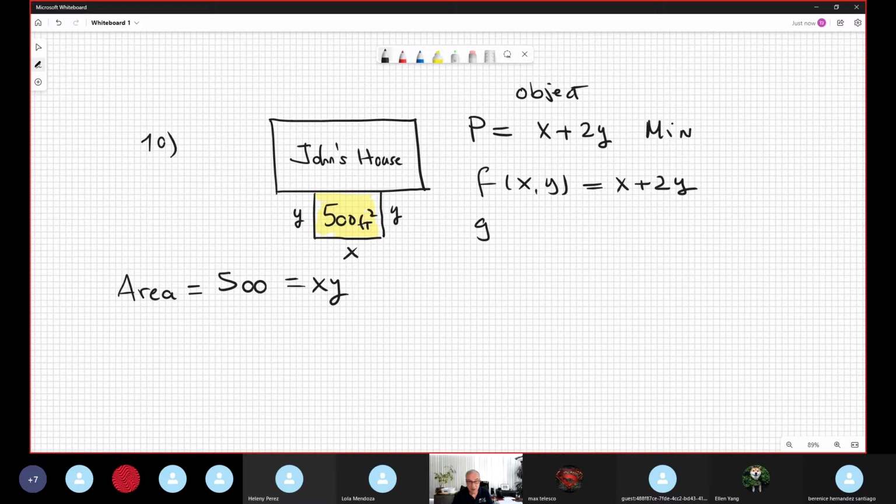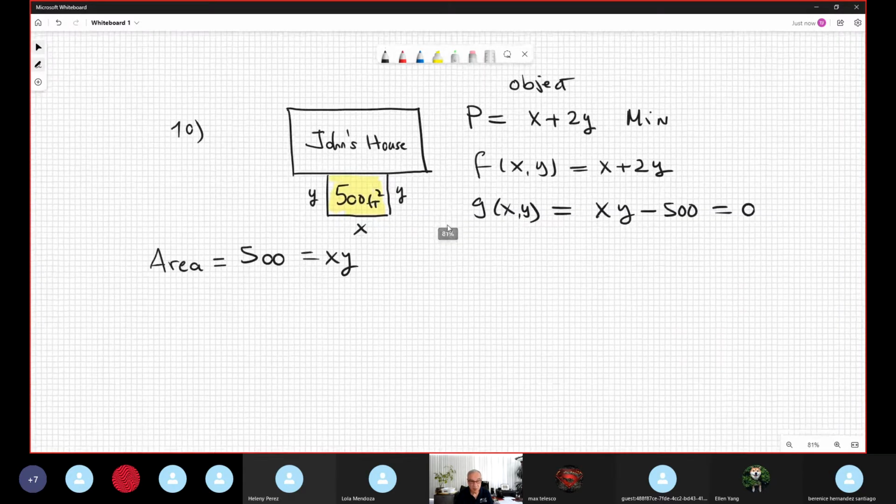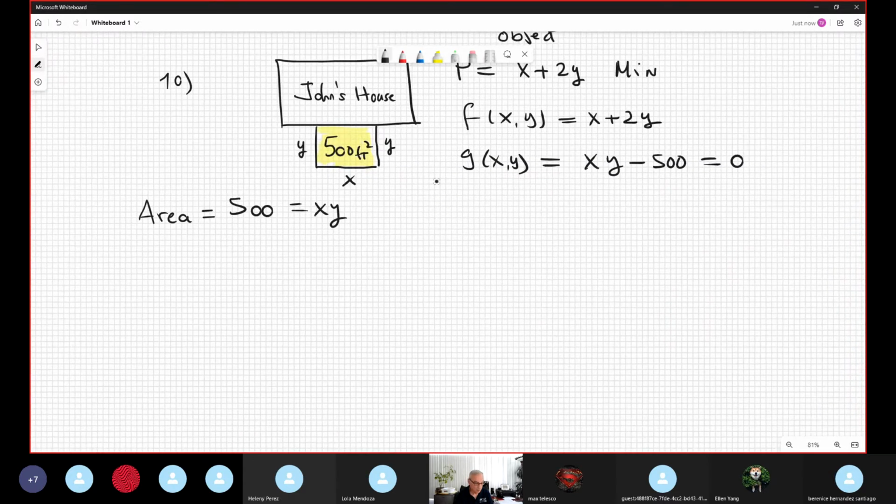Expressed in Lagrange multiplier language, this is x times y minus 500 equal to 0. And this is the setup for my problem in Lagrange multiplier language. That's all that happens. We compute the gradient, component by component. You compute, for example, fx, fy.